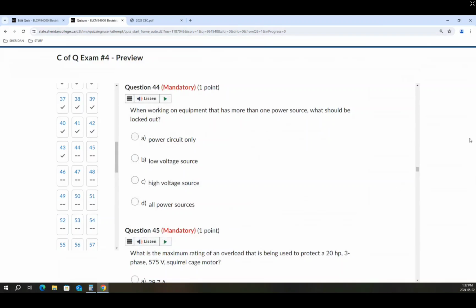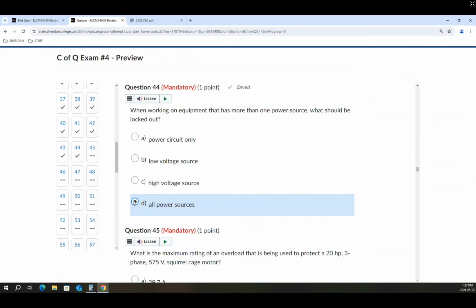Number 44. When working on equipment that has more than one power source, what should be locked out? All power sources. In fact, most places that you're going to work at are going to insist on full lockout of all energy sources. So I work in a car plant out in Cambridge, and I have to be able to lock out. If it's routine entry, that's one thing. But if it is a full lockout situation, I have to lock out all energy sources.